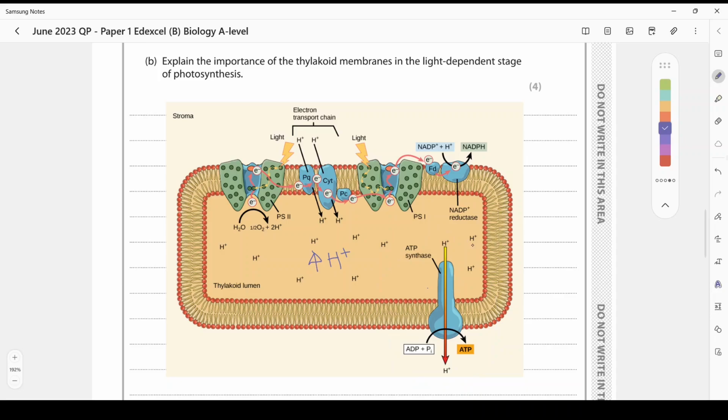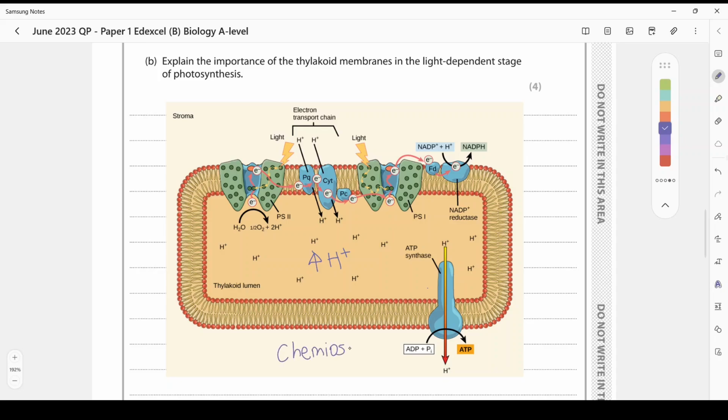As the hydrogen ions go down the ATP synthase, it works similar to a water wheel, where as something flows down, it causes a reaction to occur. So it causes the formation of ATP from ADP and inorganic phosphate. This process is what we refer to as chemiosmosis.